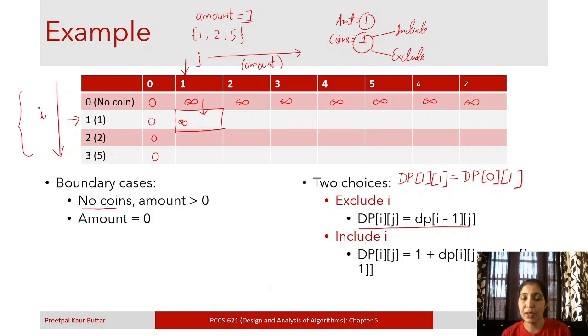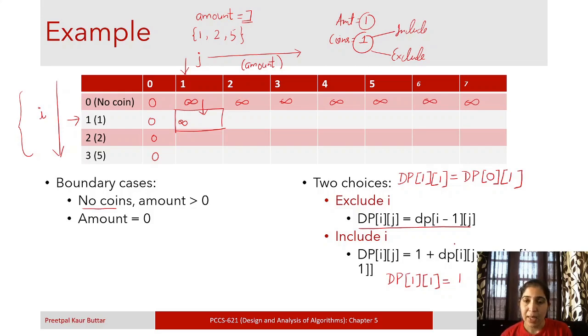Okay, so this is one choice, and the second choice is you decide to include I, you decide to take this 1 rupee coin. Okay, and in that case what will happen? dp I, 1 rupee coin and J, the amount is 1, is equal to 1. Why 1? Because now you are taking up this coin. Okay, so the total number of coins will be increased by 1.